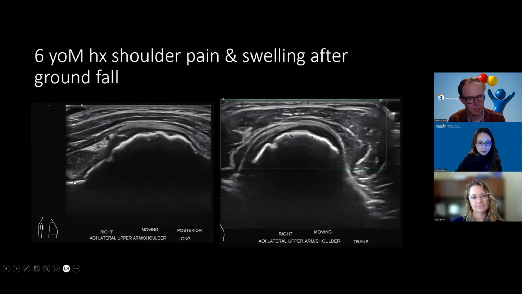Here's that normal smooth cortex, and then all of a sudden you see almost like a mound of ossific density that's undulating. If you look carefully, there's that hypoechoic rim on top of it, and the muscle and everything being pushed anteriorly.